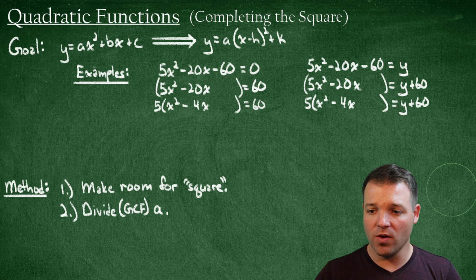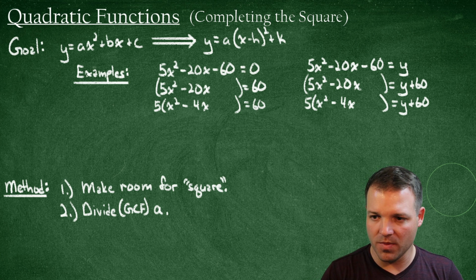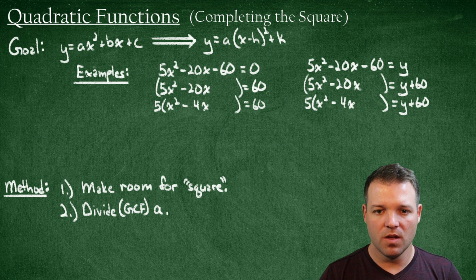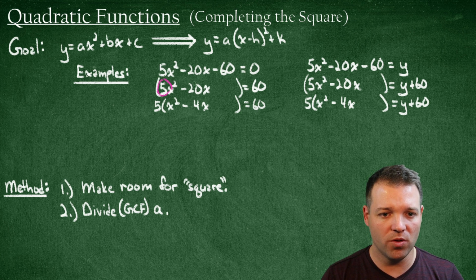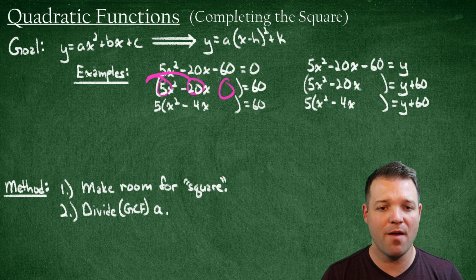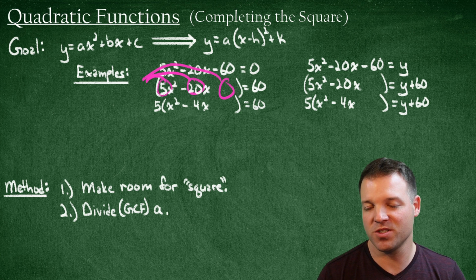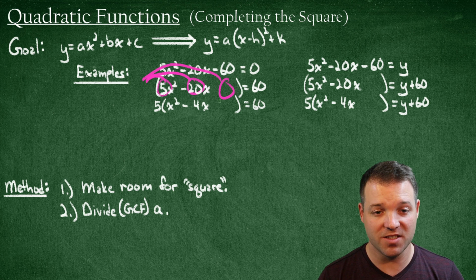So if I go ahead and pull this 5 out, let me grab a color you can actually see. If I'm pulling this 5 out as a GCF, I have to pull it from everything. Right? This third term is non-existent right now, so I'm just not pulling from there at all, and that's totally fine. You guys probably aren't used to doing that, but it is fine. It's just a blank spot right now.